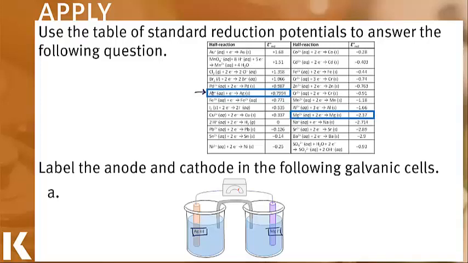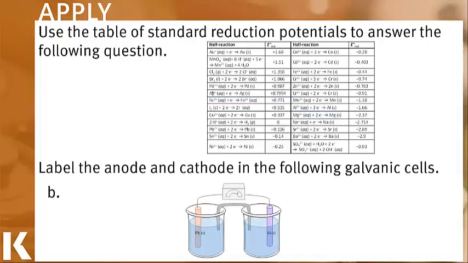This means that silver is more likely to be reduced. Since we have red cat and reduction always happens at the cathode, I'm going to label the left side where silver is as the cathode where reduction will occur. This means that the magnesium must be the other half cell, which means it must be the anode, and the anode is where oxidation occurs.